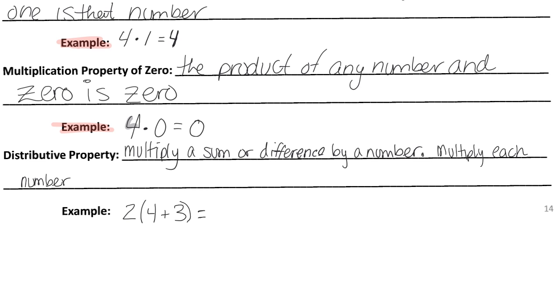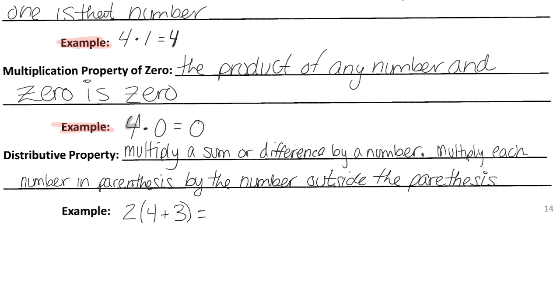I'm just going to write in parentheses. So multiply each number in parentheses by the number outside the parentheses.